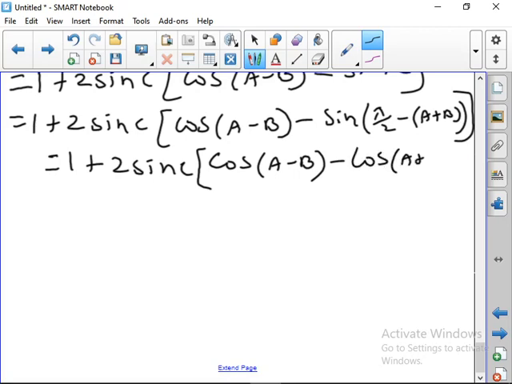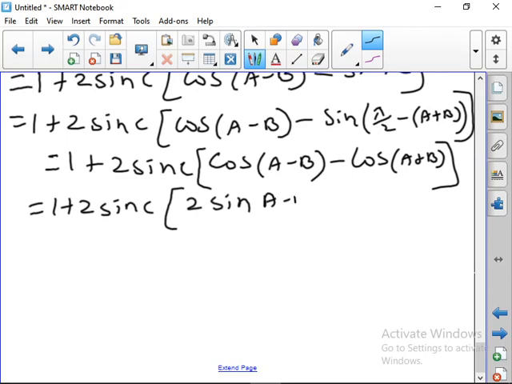So cos A plus B. So now it is equal to 1 plus 2 sin C into, this is of the form cos C plus cos D. So it is 2 sin A plus B. So A minus B plus A plus B, C plus D by 2 into sin C minus D. So we will subtract.